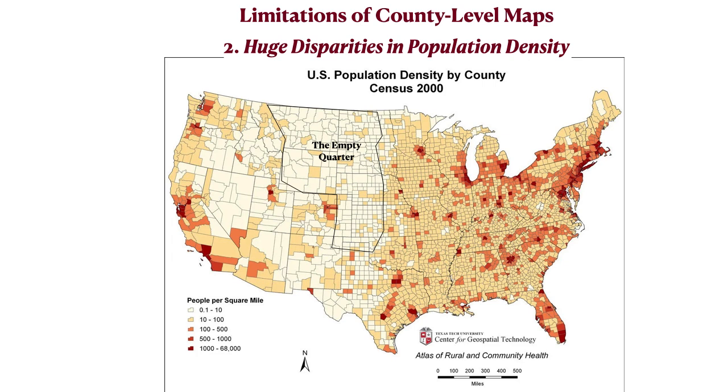Now, I want to talk about another limitation of county-level maps, and this goes back to the issue of using cartograms instead. So I have a population density map here, and I've noted an area I'm calling the empty quarter. Well, it's not exactly the best term. It's certainly not empty, but it's very sparsely populated without any large cities. And so you can see it looms pretty large on this map.